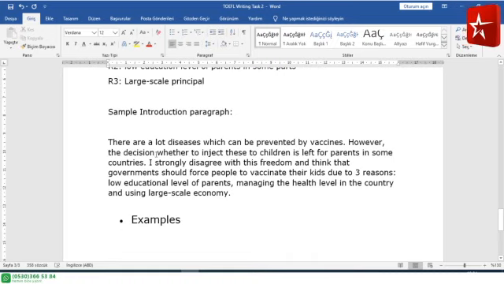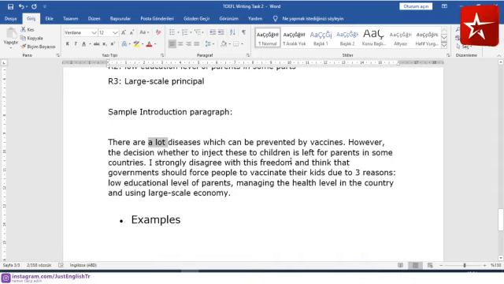Maybe what we can do is we can change maybe the first sentence, which I don't like. "There are a lot of diseases," and "a lot" I can change with "a tremendous number." Okay. This is one of the things that I could change.